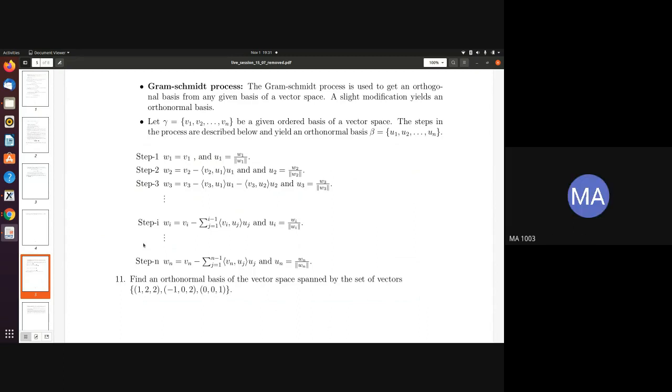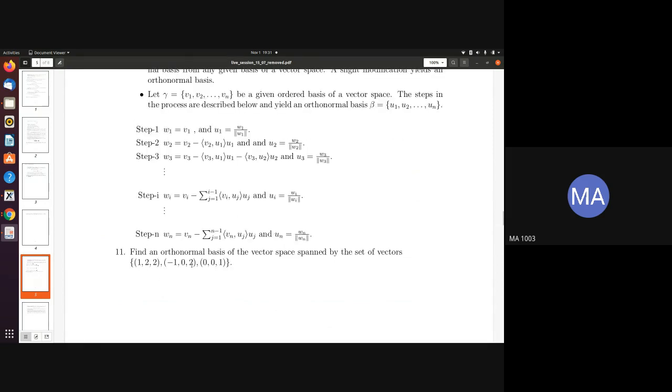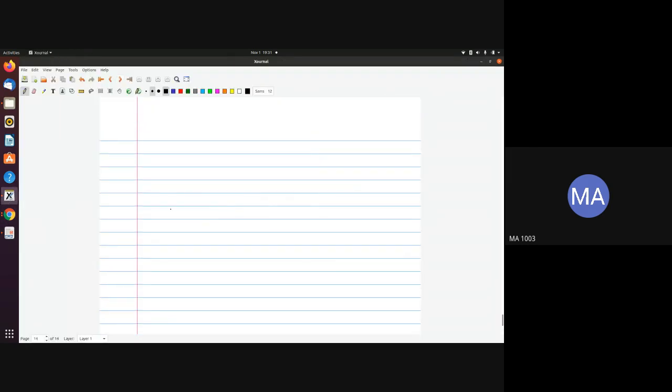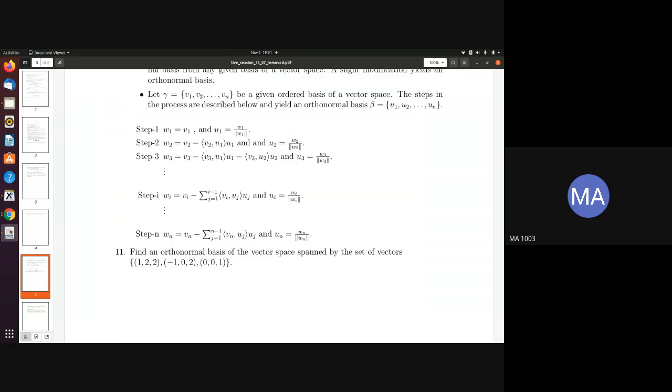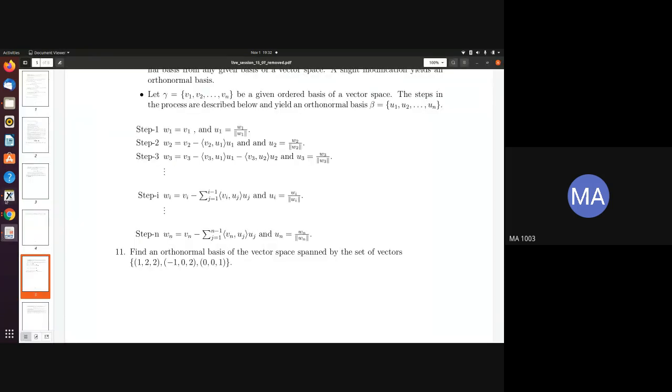Okay, great. So suppose I have been given vectors like this: 1, 2, 2; minus 1, 0, 2; and the next one is 0, 0, 1.